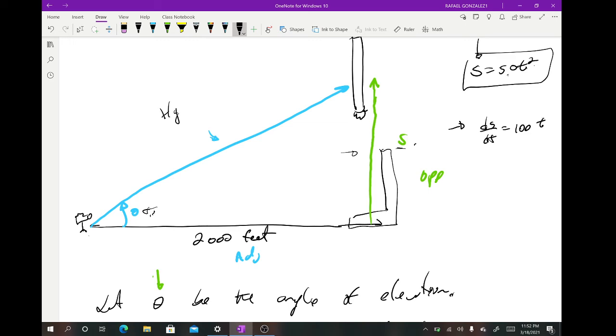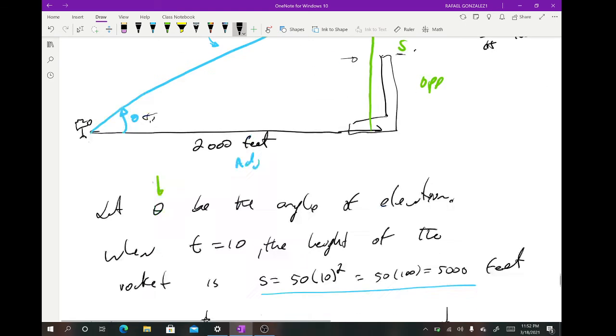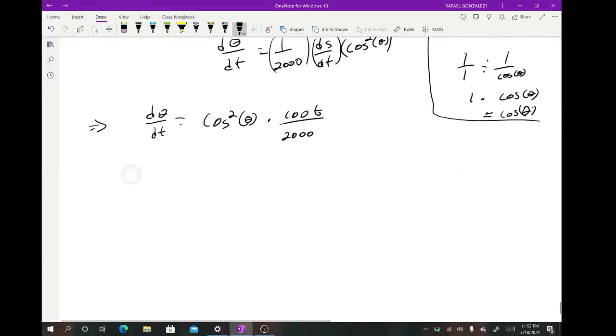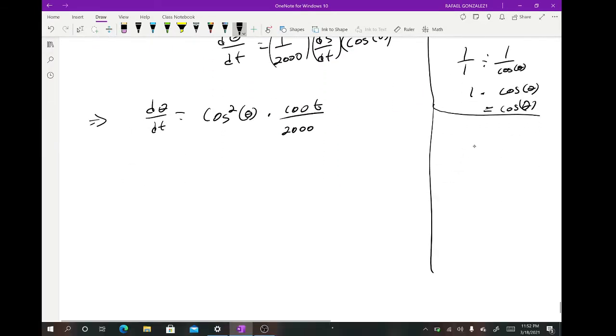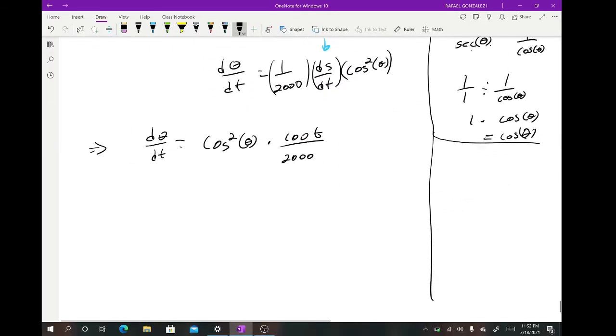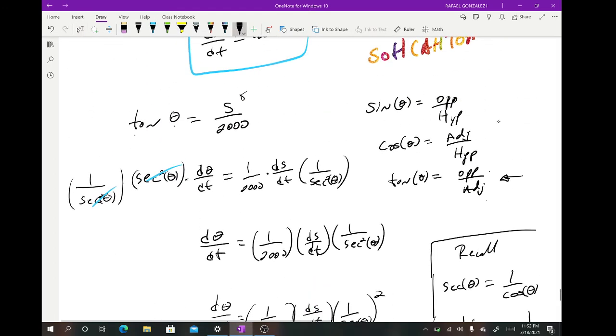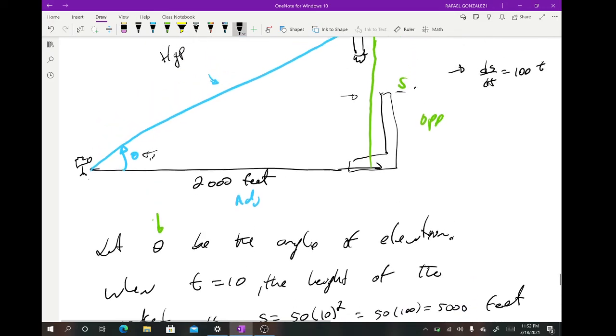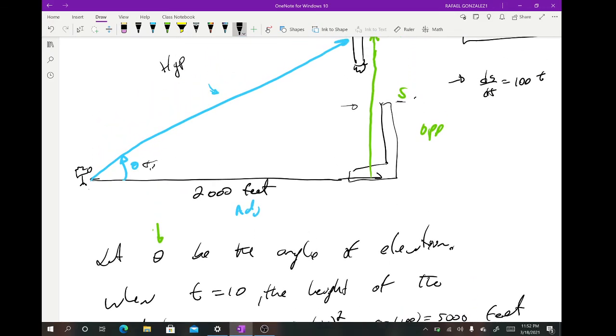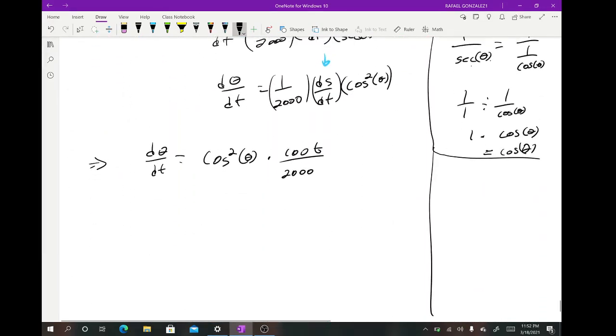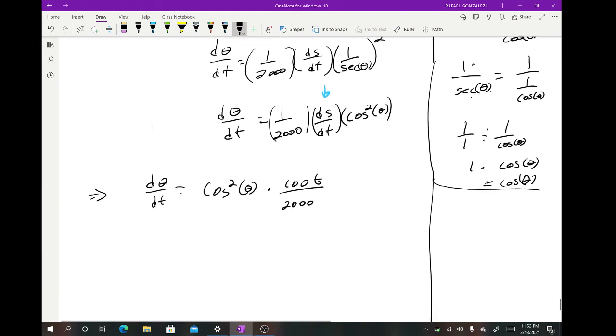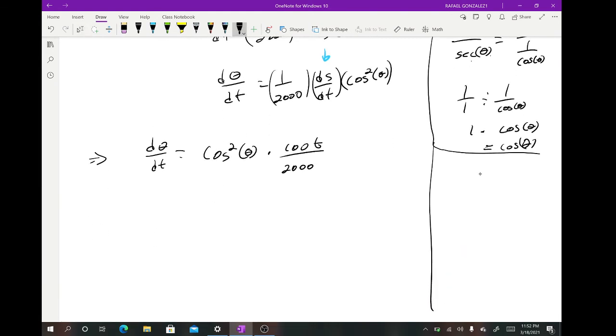So we have to figure out real quick what the hypotenuse is. So let's do that on the side. The reason why I'm doing that is because I know by SOHCAHTOA cosine is adjacent over hypotenuse, and I already know what the adjacent side is. Adjacent is 2,000 feet. So if I could find the hypotenuse, then I could find out what cosine squared of theta is. So again, by our triangle, we have 2,000 and we have s.